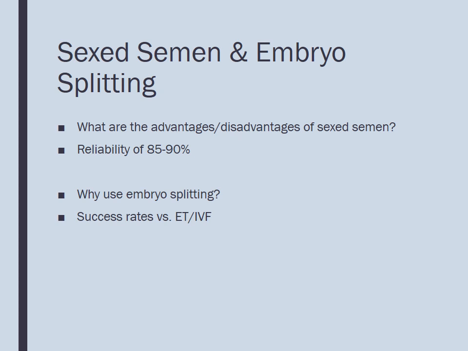There's also things like sexed semen and embryo splitting, and I ask, what are the advantages or disadvantages of sexed semen, which is a technology that's getting on 15 years old now, where again we sort X semen and Y semen basically by weight. I think the X's are a little bit heavier, just microscopically heavier. The reliability, whenever we use sexed semen, is about 85 to 90% accurate.